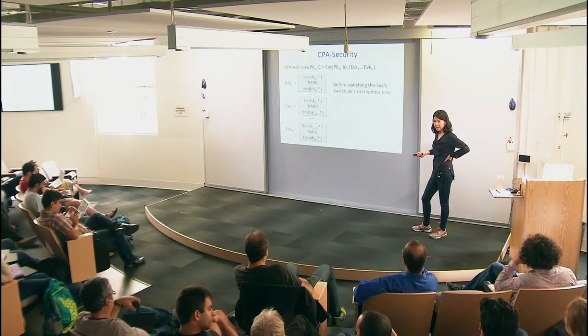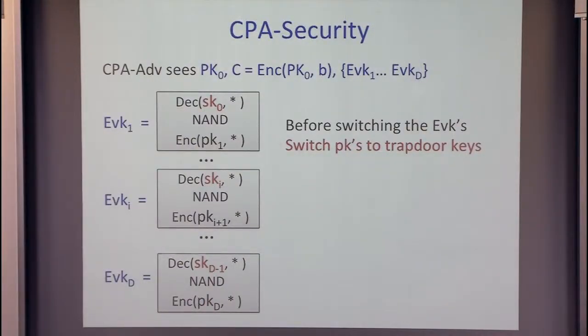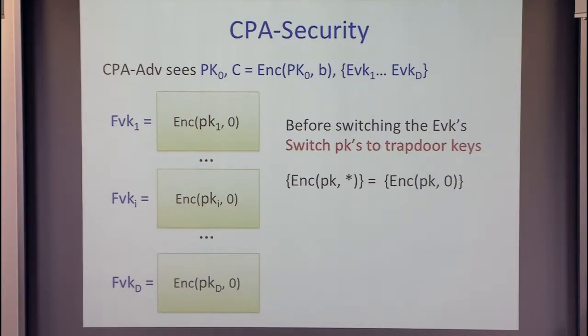Once I have switched the public key into the trapdoor mode, note that all those public keys are going to be perfectly indistinguishable, no matter whether it's encrypting whatever value or encrypting 0. Now I can go through all those hybrids I have done before without any problem and without any size blow up. But is the evaluation circuit still well defined? Is the NAND circuit still well defined when the key is lossy? Yes. There's still some secret key, so it still thinks it's decrypting things.